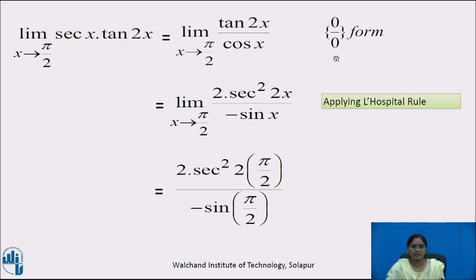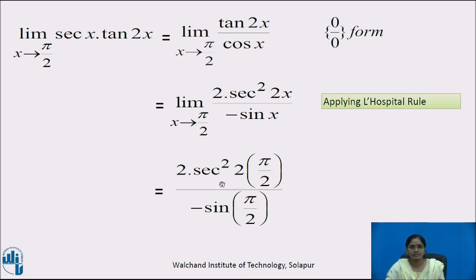Now you can apply the L'Hospital rule, that is, differentiating numerator and denominator separately. The numerator's derivative is 2 into sec square 2x. The denominator's derivative is minus sine x. Now simplify the terms. After the simplification, substitute the limit.